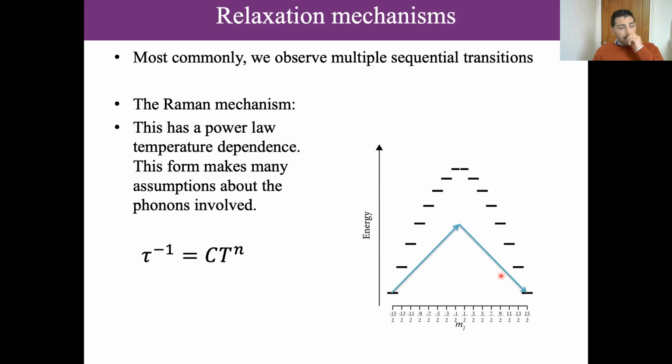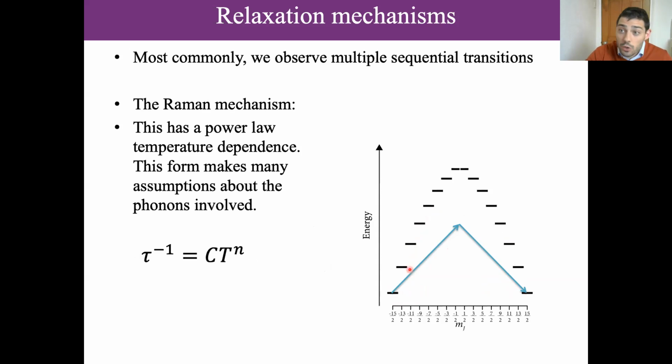So in lanthanides, we also see these Raman processes that are quite prevalent, and these have a different temperature dependence. They have a power law dependence on temperature, so you can identify this quite readily by just measuring relaxation as a function of temperature and plotting it. This is usually thought to be a two-phonon process within the ground doublet pair.